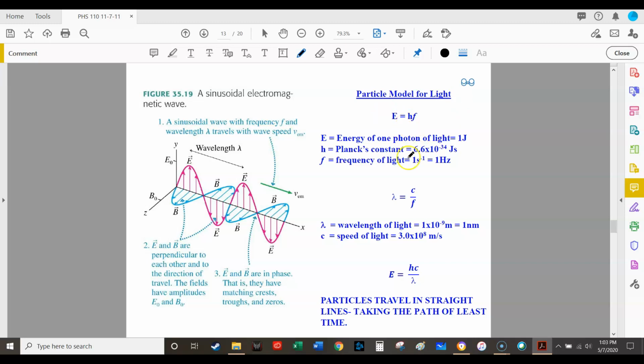So we also had talked about how, well, I don't know if we actually did talk about this, but wavelength, well, we did talk about the velocity is equal to wavelength times frequency, right? So in outer space, the speed will actually be 3.0 times 10 to the 8th meters per second, right?